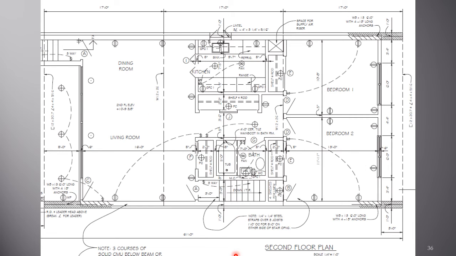Going to the second floor plan, we see our W12 by 26 W-shaped beam is 17 feet 0 inches on center. So loads are different on the roof than they are on the first floor ceiling.